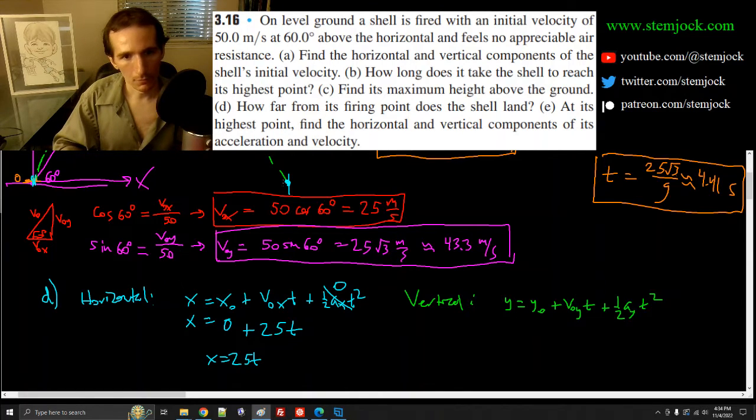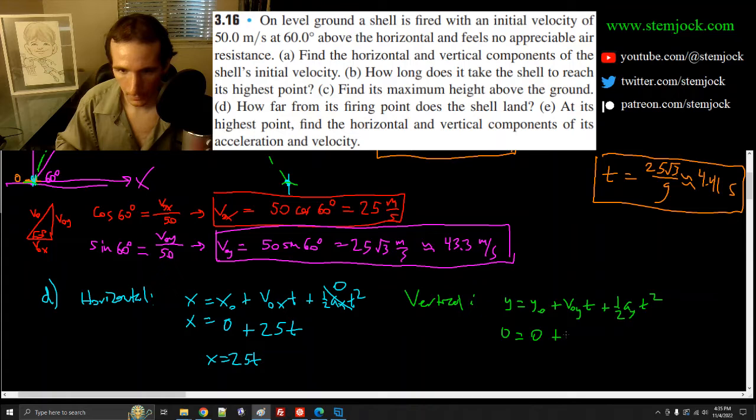So the final y and the initial y are the same. They're both 0. So 0 equals 0 plus v0y, that's 50 sine 60, or 25 root 3, times t, and now minus 1/2 g t squared.